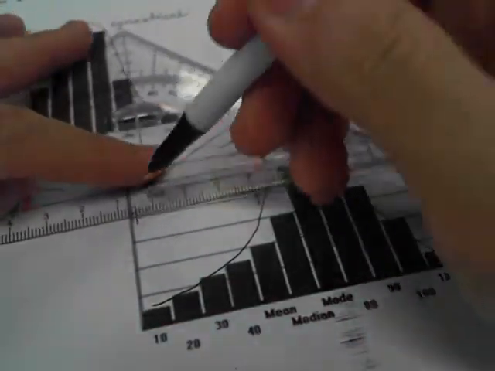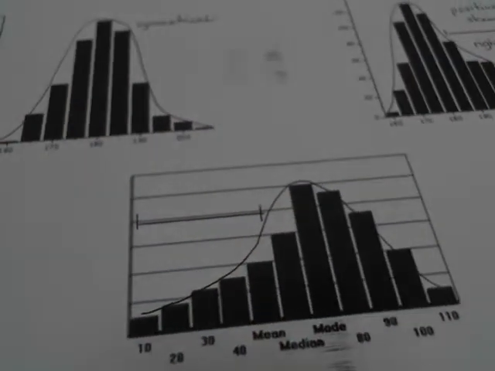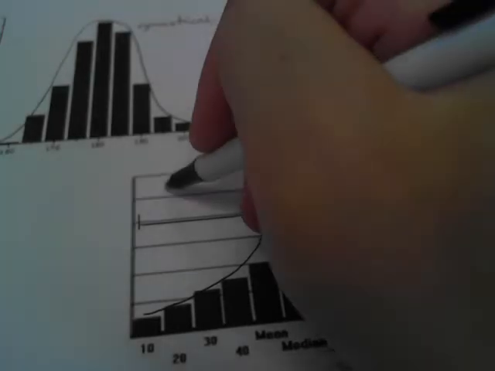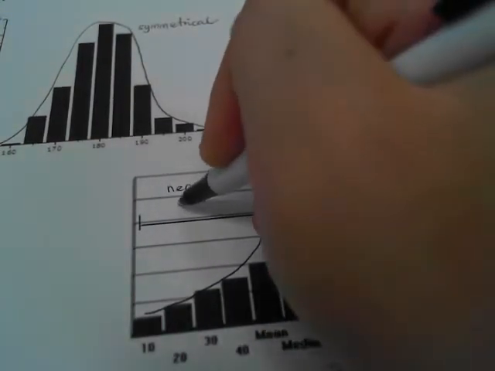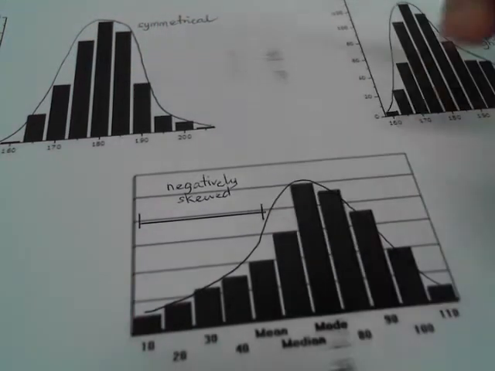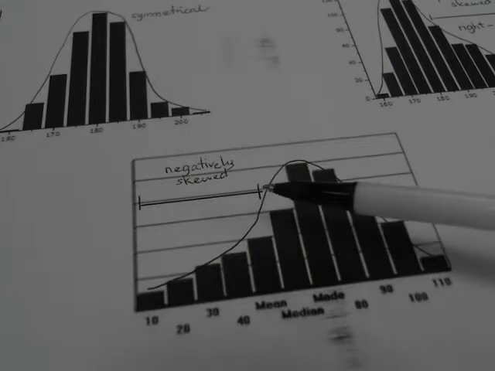Having said that, if the graph before was positively skewed, what would this graph be in terms of its distribution? Negative. Good. We can say it is negatively skewed because it is approaching towards the left hand side.